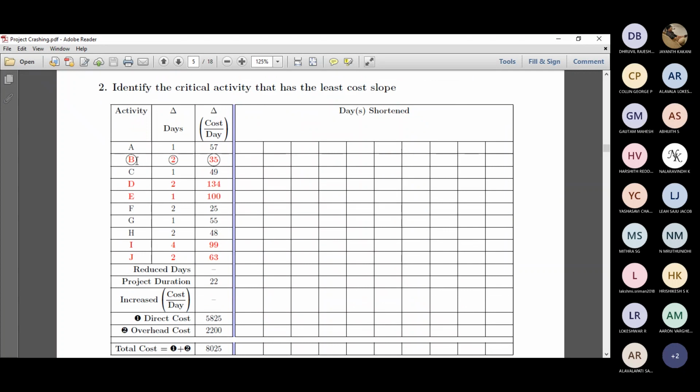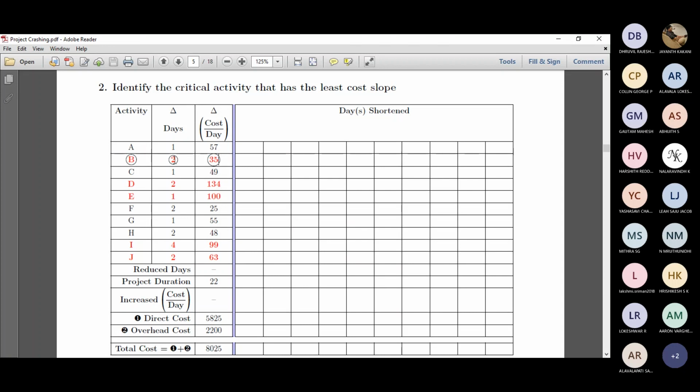Then out of these critical activities like B, D, E, I, J, you need to select the critical activity that has got the least cost slope, right? So once you get the least cost slope, from that point onwards, the iteration starts, right? So this is the critical activity B, which has got the least cost slope among 35, 134, 100, 99, and 63, right? So we'll mark that.